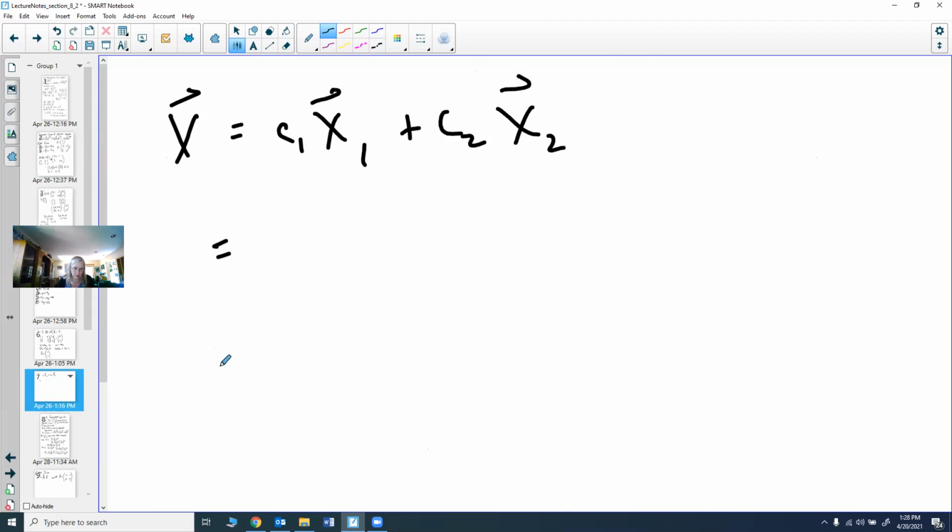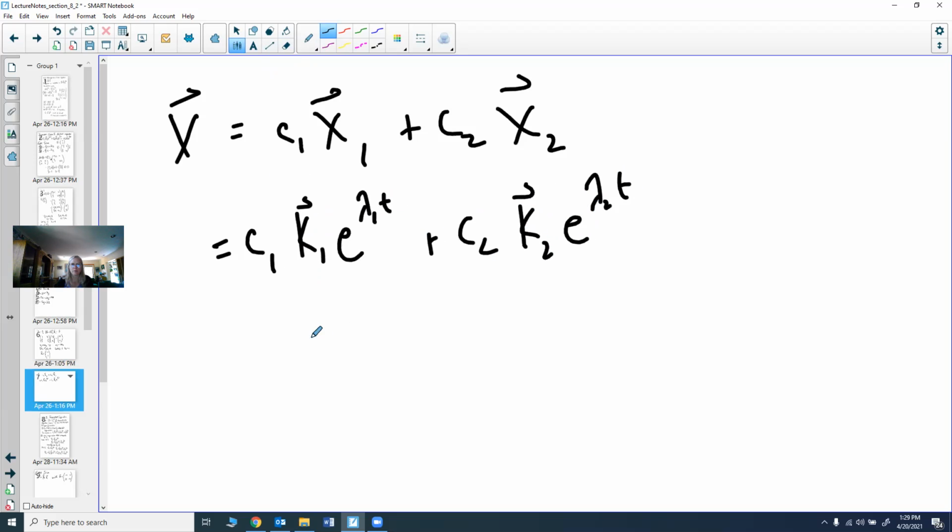So this is going to be C1. We still have constants because this is not an initial value problem. And I'm actually going to write it out just so you can see exactly what's happening here. So we have C1 K1 e to the lambda 1t plus C2 K2 e to the lambda 2t. C1 again is a constant.